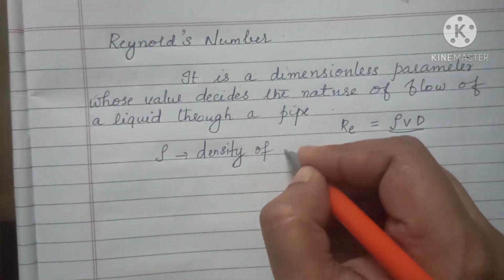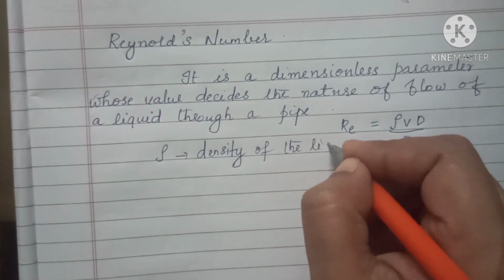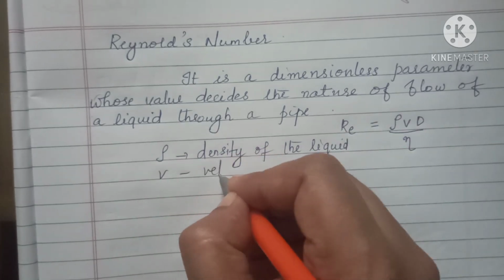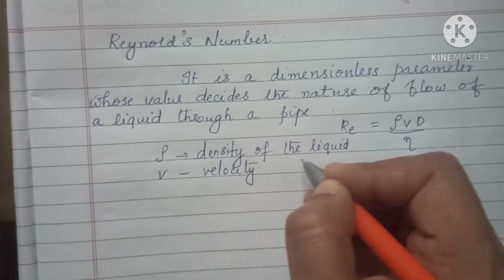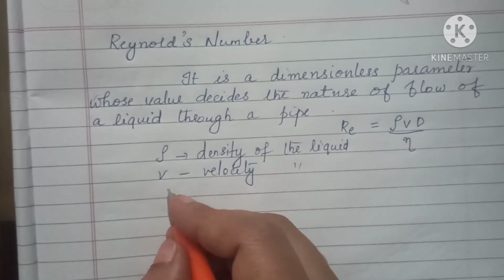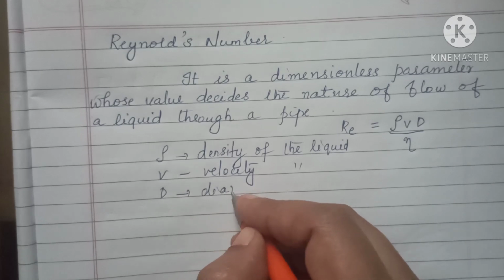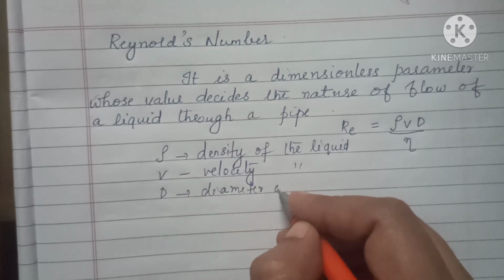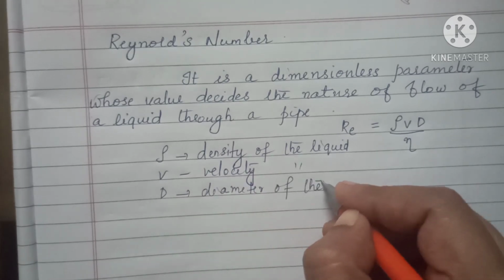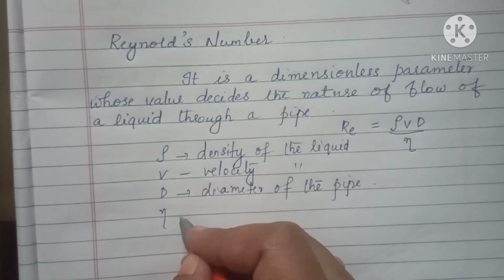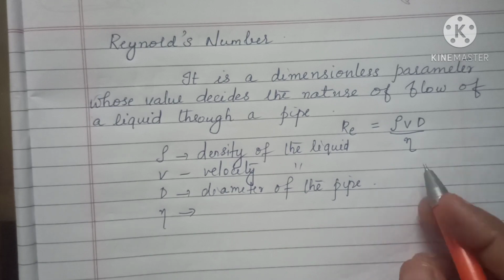Then the second one is V, the velocity of the liquid. The next term is capital D, which indicates the diameter of the pipe. And eta will be a new term for you that we will study soon.